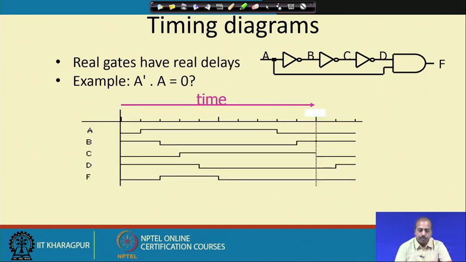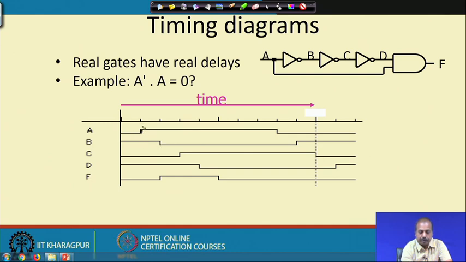How? Suppose A is changing like this. A was initially low and now it changes to high at this point, stays high this much, and then goes low again. If this inverter has some delay, the status change of A will be reflected at output B after some time.